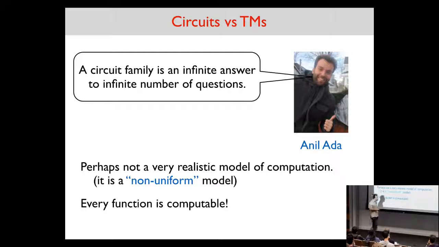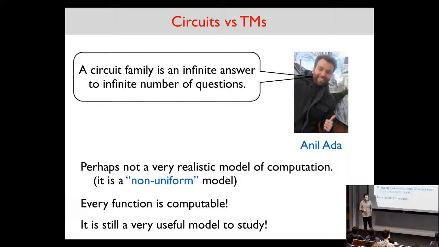You might say it doesn't seem realistic, everything is computable, so maybe this is not a useful thing to study. But actually, it is a very useful model to study. Maybe I'll try to convince you of this in the remaining 15 minutes.